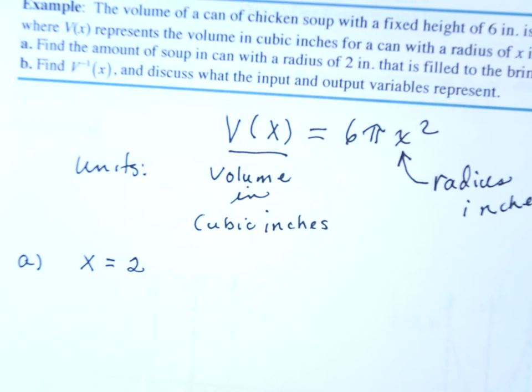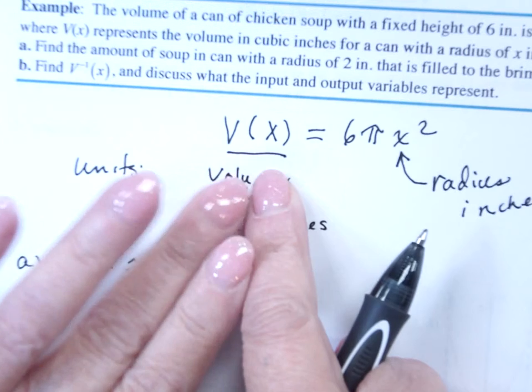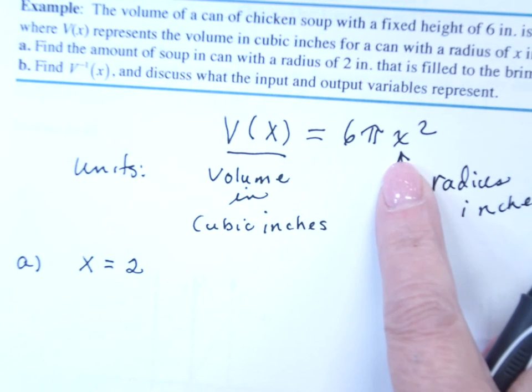You've got a 50-50 chance of getting it right. So that's why the units become so important, because if they give you something in cubic inches, you know you're going to be dealing with the volume or the y value. And if they give you something in inches, then you know you're going to be dealing with the x value. So units sometimes can be kind of helpful.